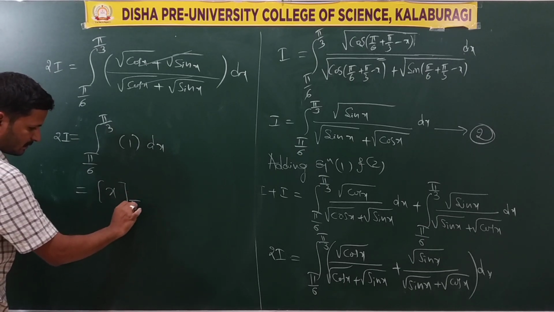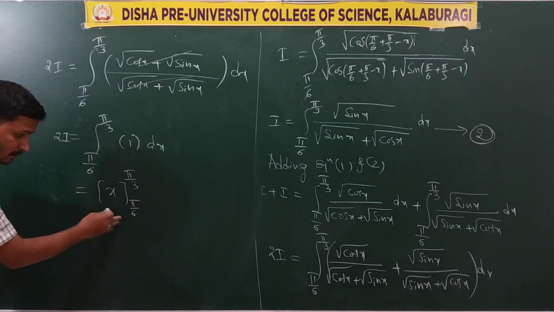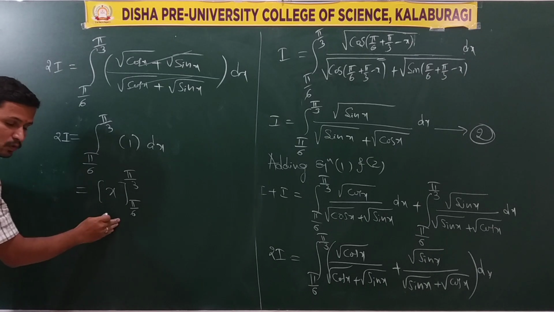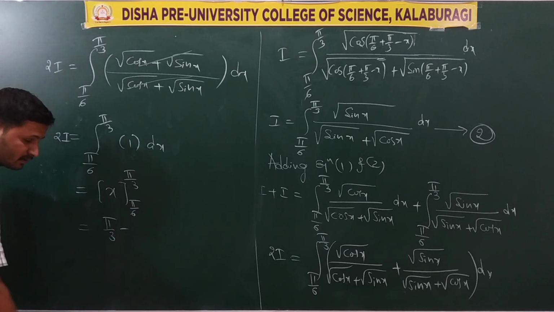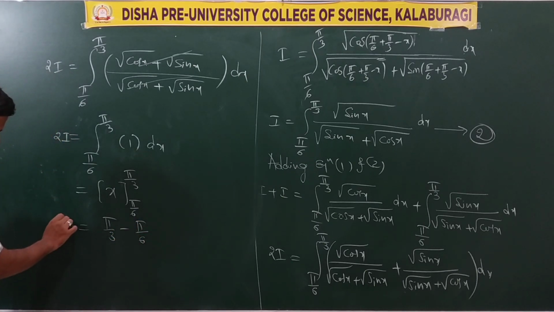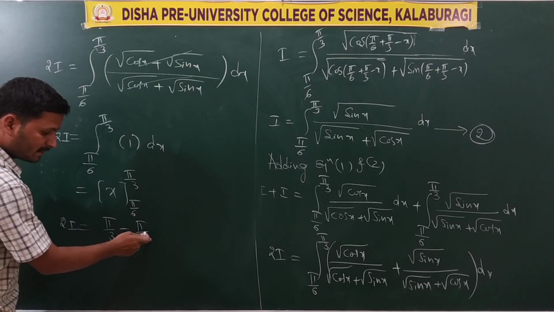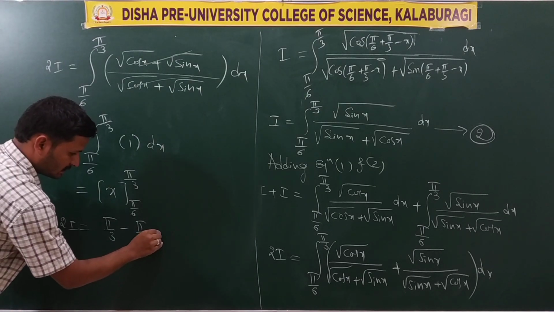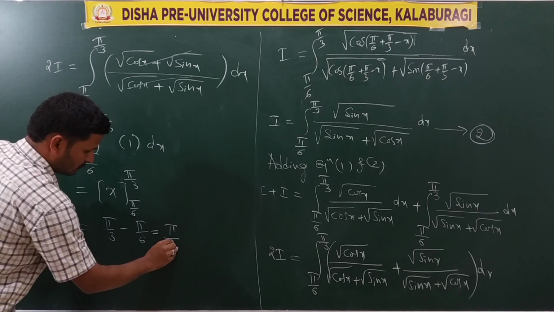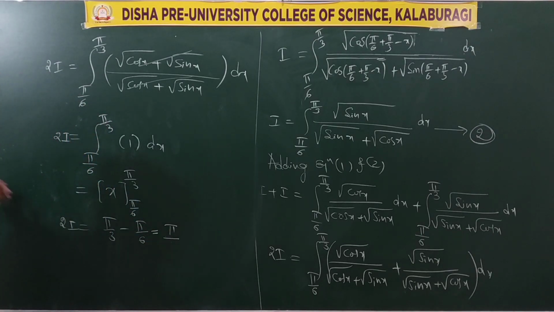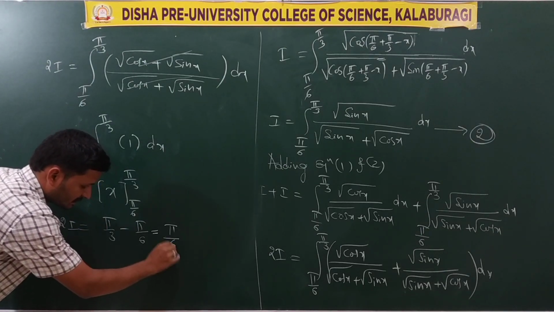Now the lower limit is pi by 6 and the upper limit is pi by 3. By using the fundamental theorem of calculus, substituting the upper and lower limits in the variable x, that is pi by 3 minus pi by 6. So now 2I is equal to, here pi by 3 is 60 degree, minus 30 degree, that is 30 degree, so pi by 6.